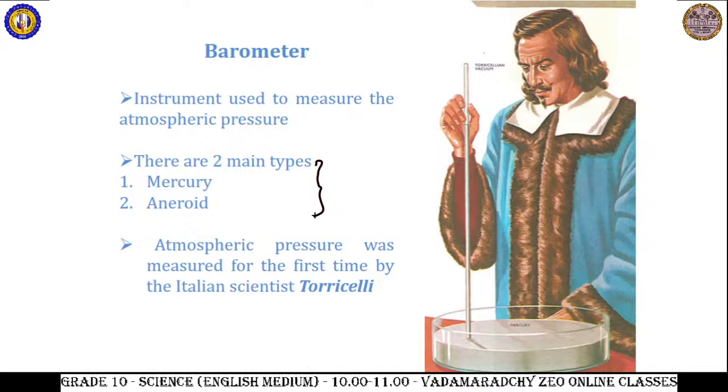The second one is the aneroid barometer. Atmospheric pressure was measured for the first time by the Italian scientist Torricelli. This mercury barometer was demonstrated by the scientist Torricelli.